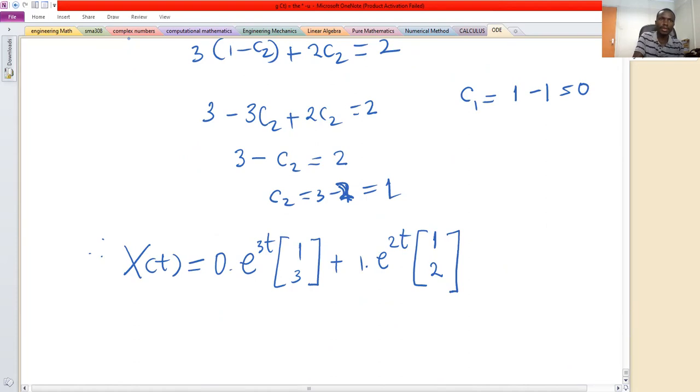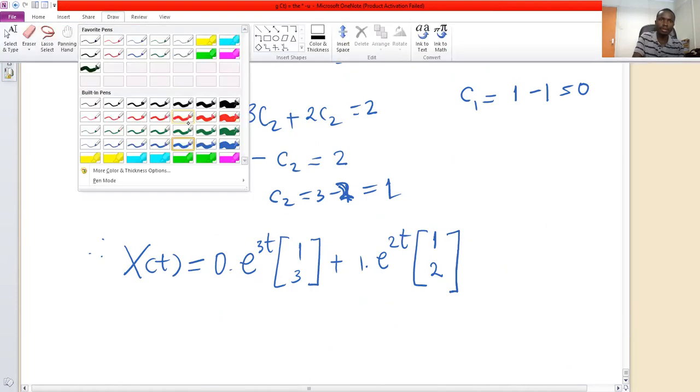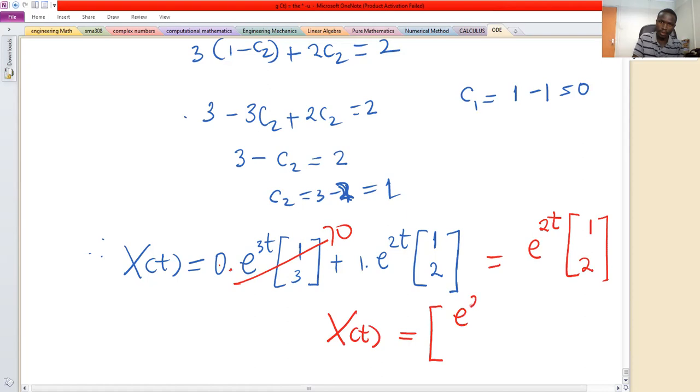Now you see 0 times everything here cancels out to 0. So we just have e raised to the power 2t times 1, 2, which is x of t, equal to e raised to the power 2t, 2 e raised to the power 2t.